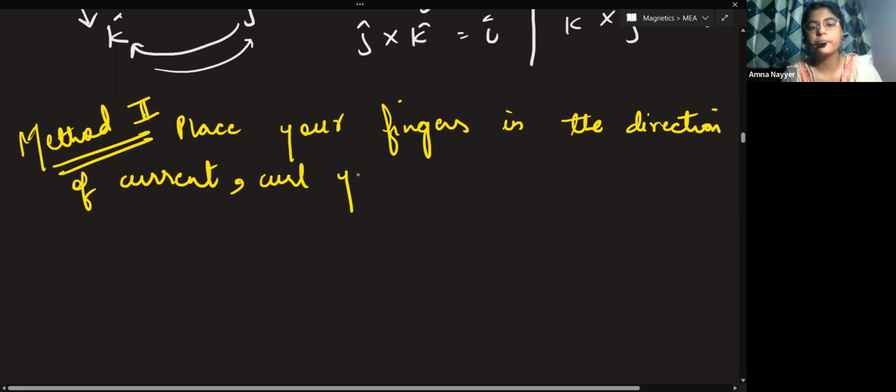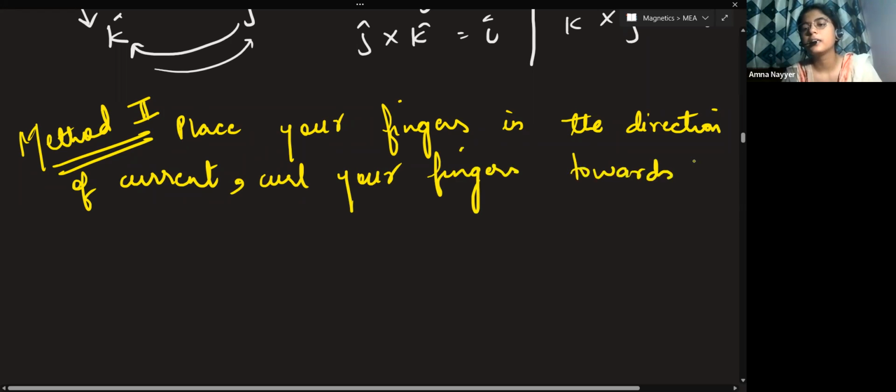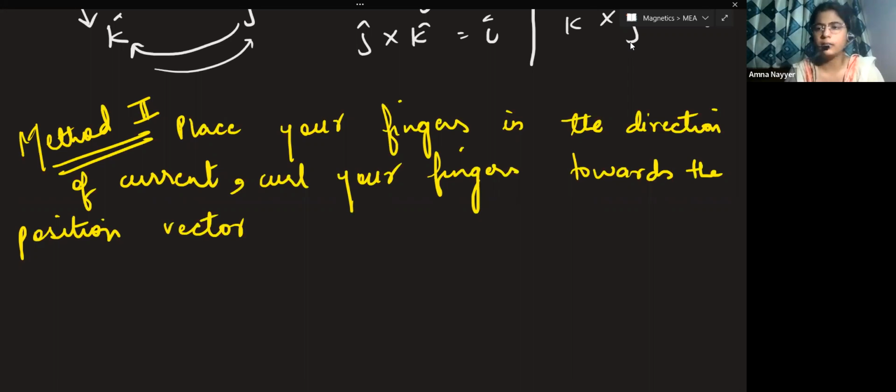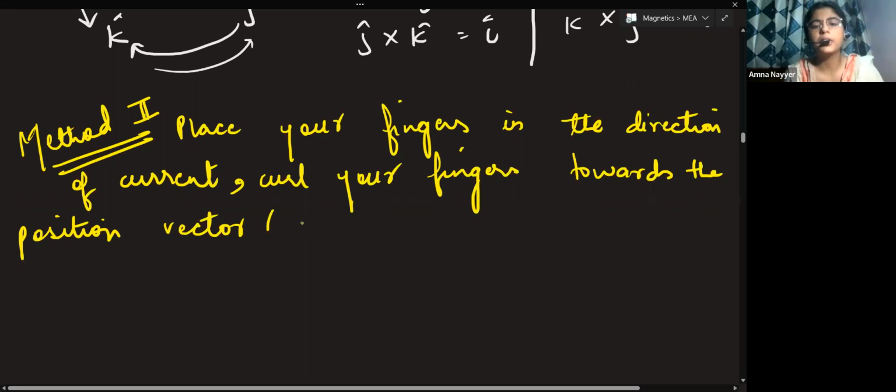Curl your fingers towards the position vector, or you can say the point that you're calculating, A, B, C, any particular point.